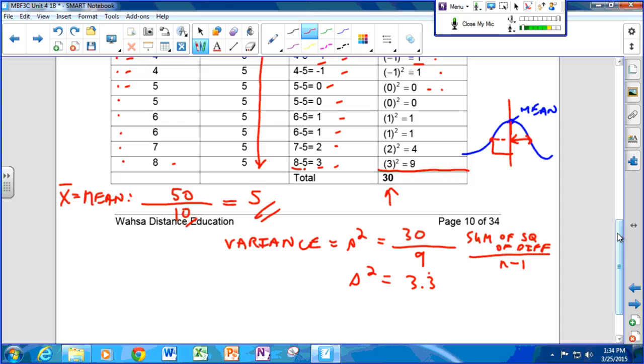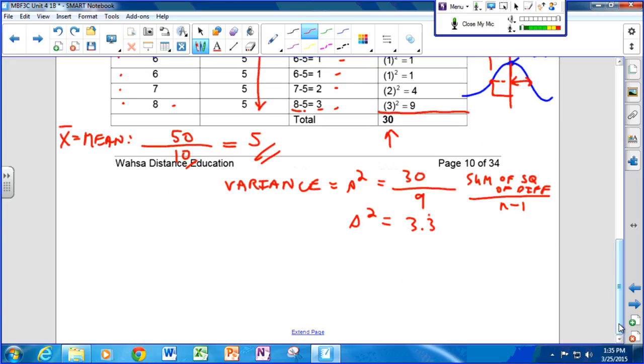What that is a measure of is how far away the data is from the mean. The tighter the data, the smaller that variance, basically. Once we have the variance, the next one is really simple, because the next one is the standard deviation.